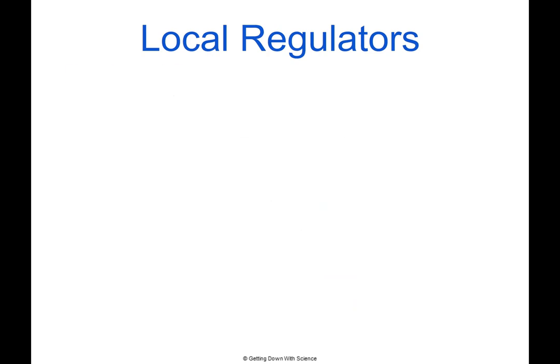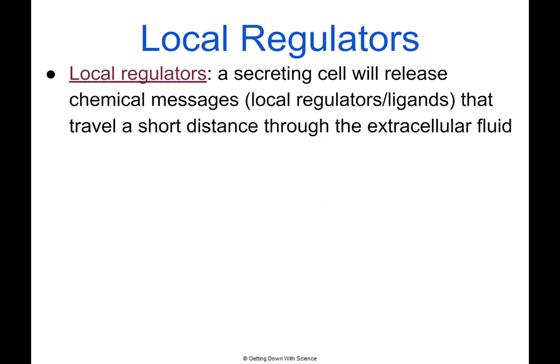Next, we had our local regulators. The idea here is that while they're not directly in contact, we're still talking about communication between two cells that are basically next to each other.